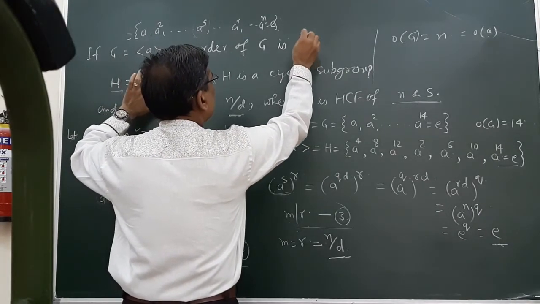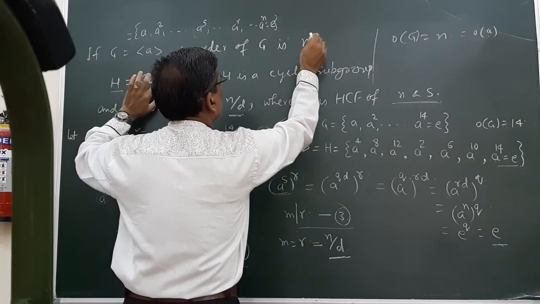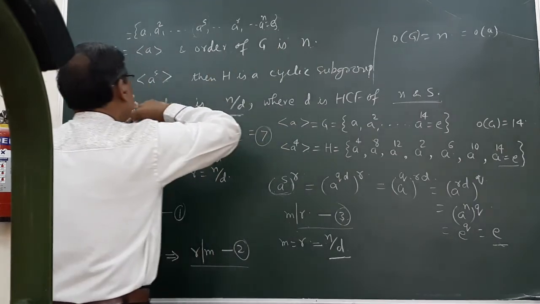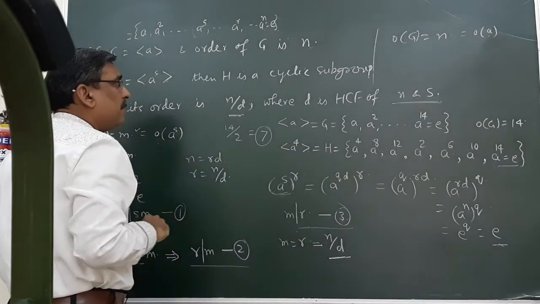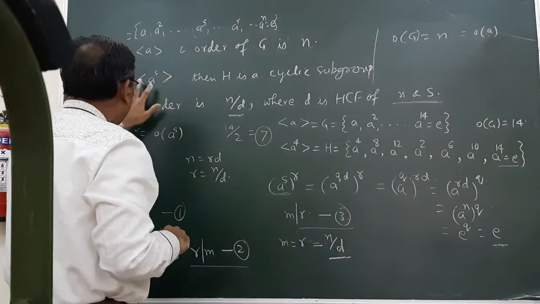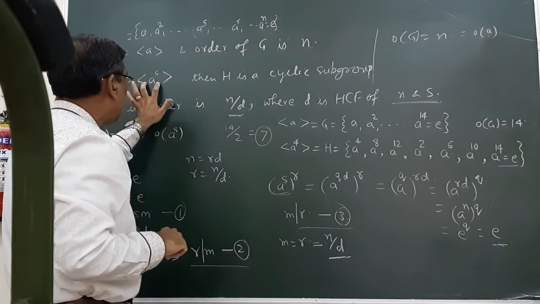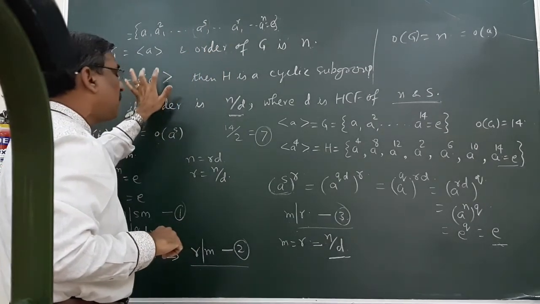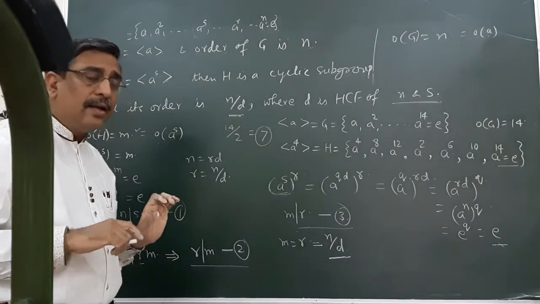Say the order is 16 and the generator of H is A raised to the power 5. The order of G is 16.